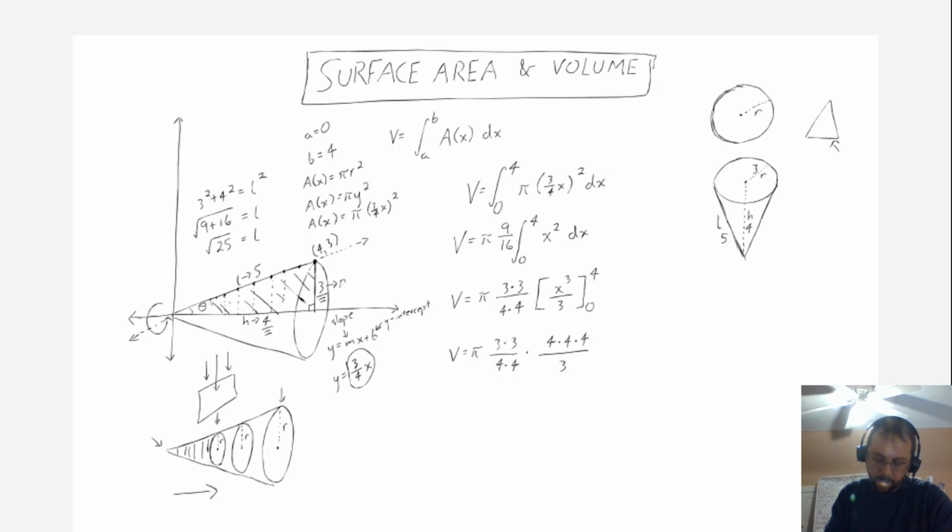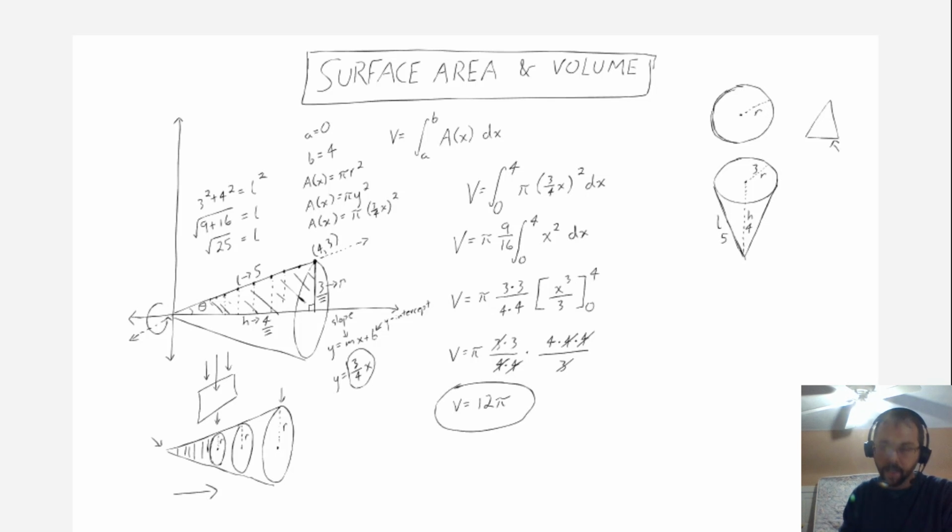One of the 3's on top cancels with the 3 on the bottom. 2 of the 4's on the bottom cancel with 2 of the 4's on the top. On the bottom we're left with a 1. On the top we're left with 3 times 4, which is 12. 12 divided by 1 is 12. So we have 12 pi. Volume equals 12 pi. So that is our volume.